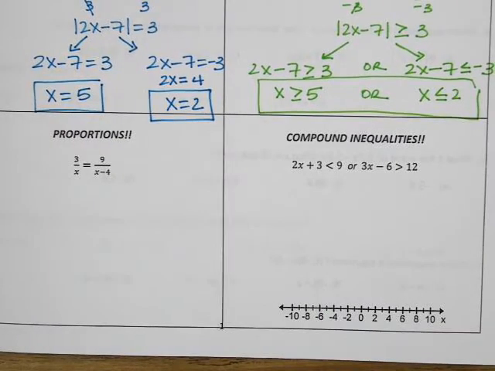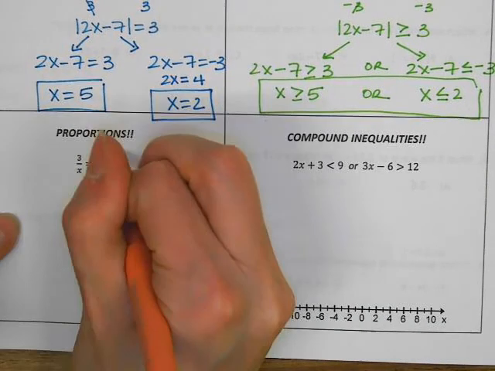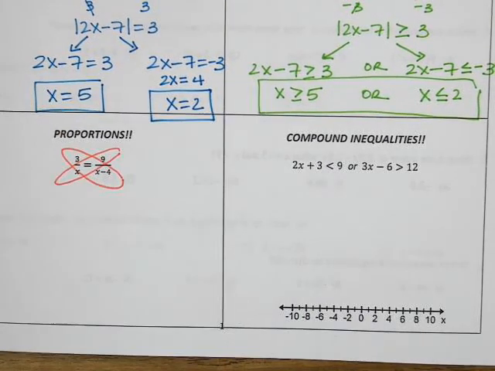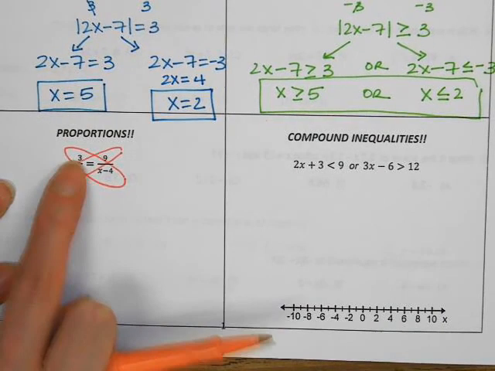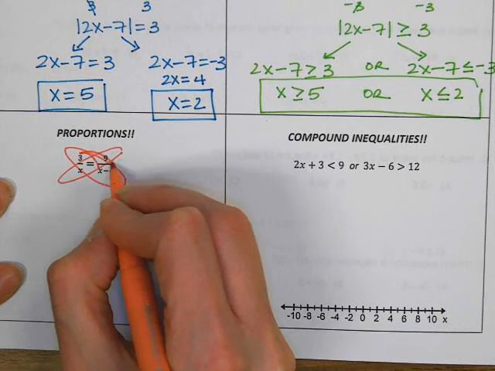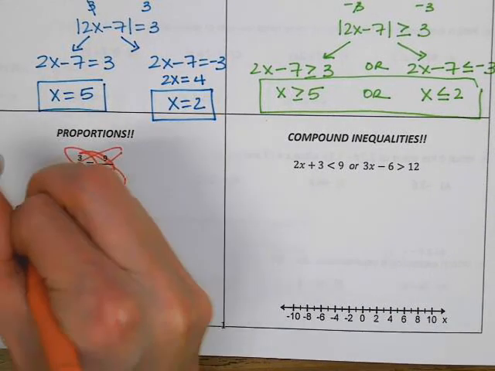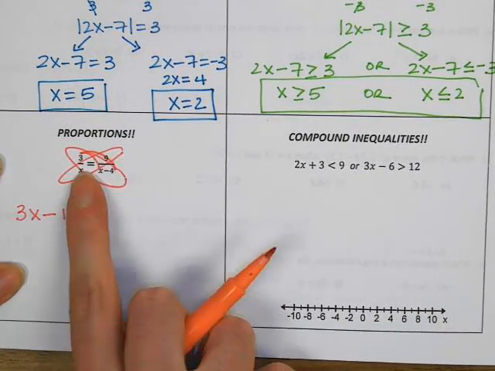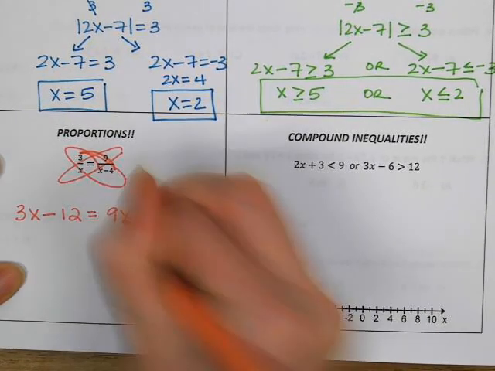Okay, and then way back we did something called proportions where you cross multiply if you have a fraction equals a fraction. Okay, so this one, you got to be careful that you remember to distribute. It's 3 times x minus 3 times 4, so 3x minus 12. And then this one is just 9 times x.